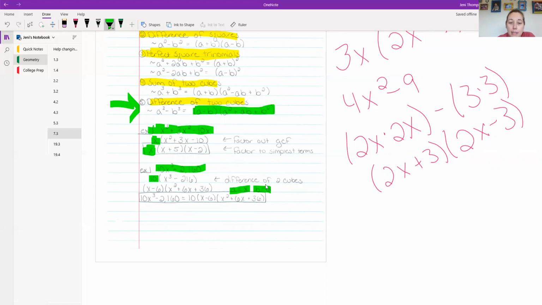So 6 times 6 times 6 gives me 216, so my B is 6. And x times x times x gives me x cubed, so that's my A. Now I can just plug those into my guide right here. A minus B, well, that's x minus 6. And then a squared, so x squared, plus a times b, so that's 6x, plus b squared, which is 36.